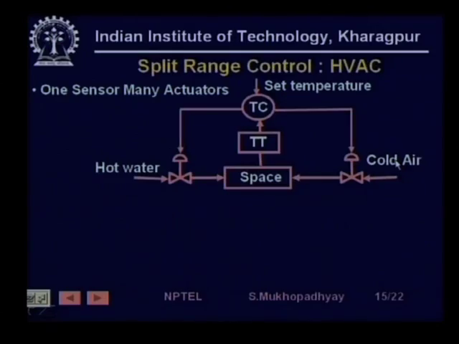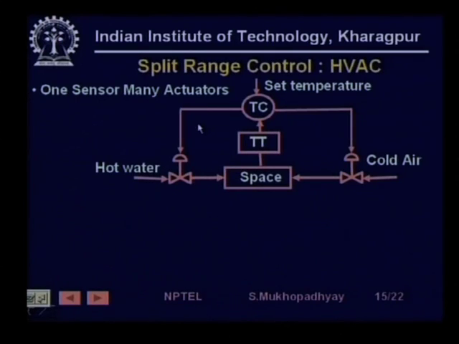So, on some range of the set temperature, when the set temperature is greater than the ambient temperature, in that range you use the hot water actuator, and when the set temperature is below the ambient temperature, in that range you use the cold air actuator. This is why it is called a split range control, because the range is split into two different control modes.